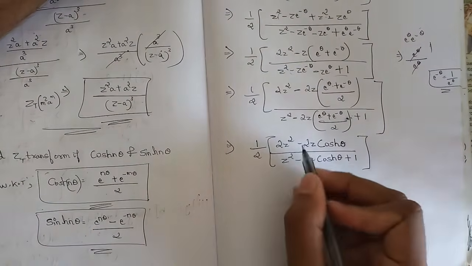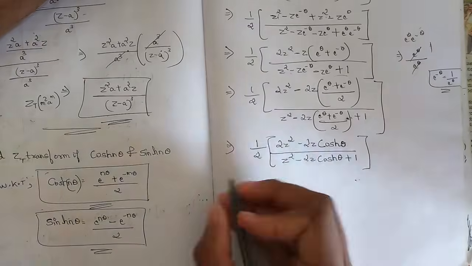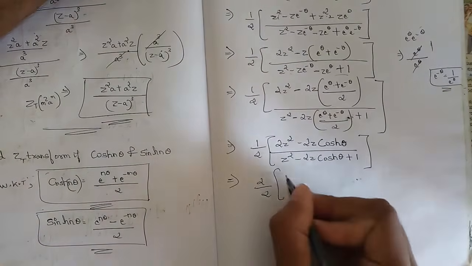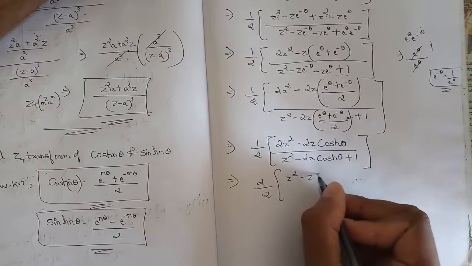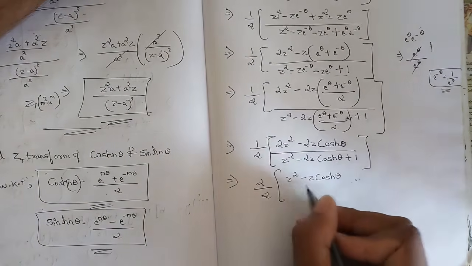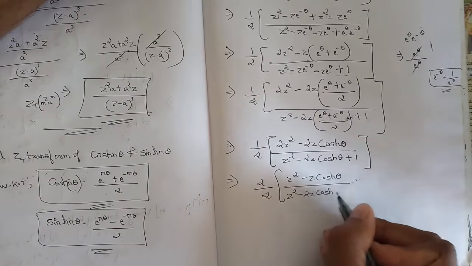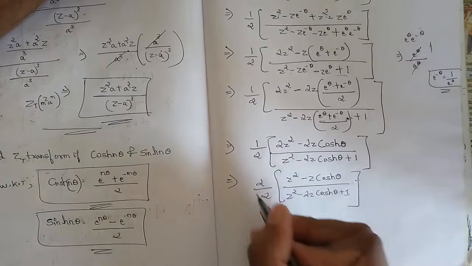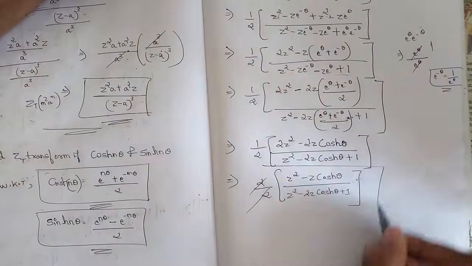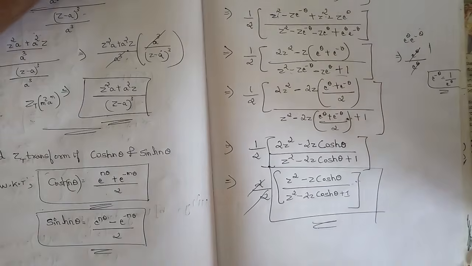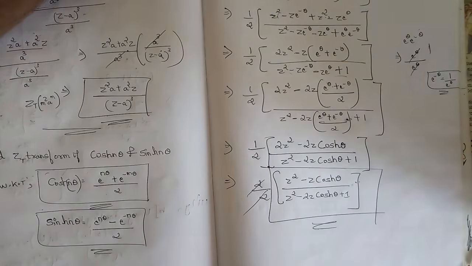So again in the numerator we can see that 2 is common, right? Take that 2 outside and write the remaining terms, z into z minus cos h theta, divided by z square minus 2z cos h theta plus 1, and cancel this 2. So this is the required Z transform of cos h n theta.